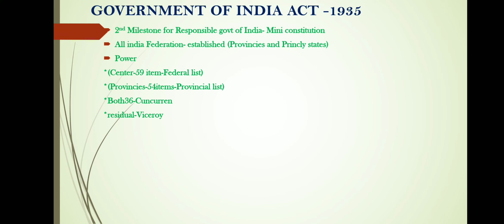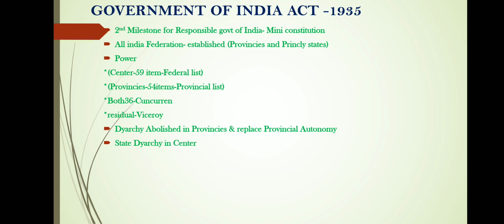However, the federation never came into being, as the princely states did not join it. The act abolished diarchy in the provinces and introduced provincial autonomy in its place. It provided for the adoption of diarchy at the center.